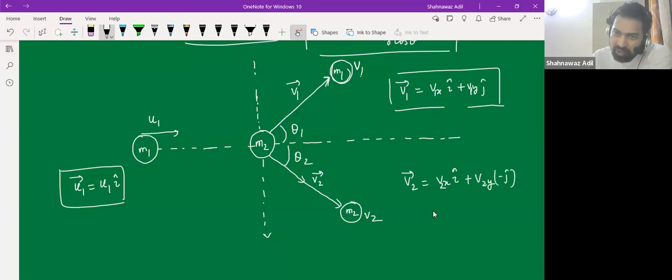So this was v2x i hat minus v2y j hat. This was our velocity of the second part.